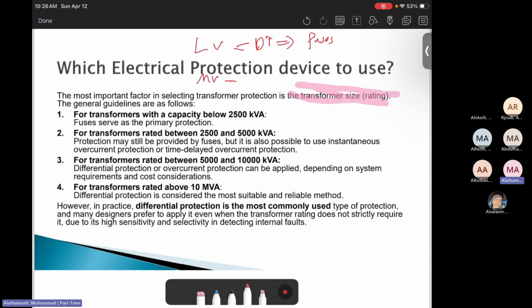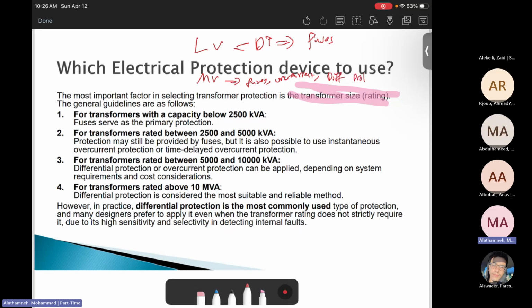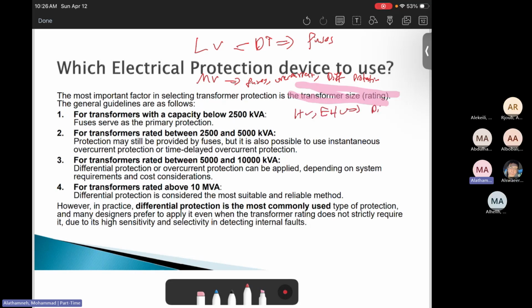In medium voltage, we can use either fuses, or circuit breakers with overcurrent protection, or differential protection. In high voltage and extra high voltage, we will use differential protection. No fuses, of course.